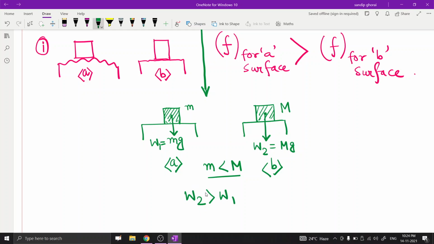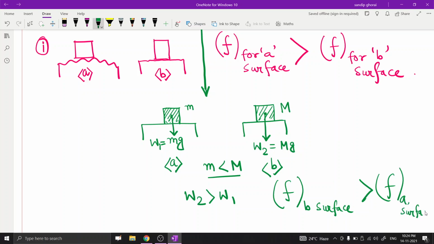Now what is the question? What is the comparison between the two frictional forces for the two cases A and B? Here W2 is greater than W1. That means the frictional force for surface B is greater than the frictional force for surface A. So from this we can say that if the weight of the body is more, then we get more frictional force.